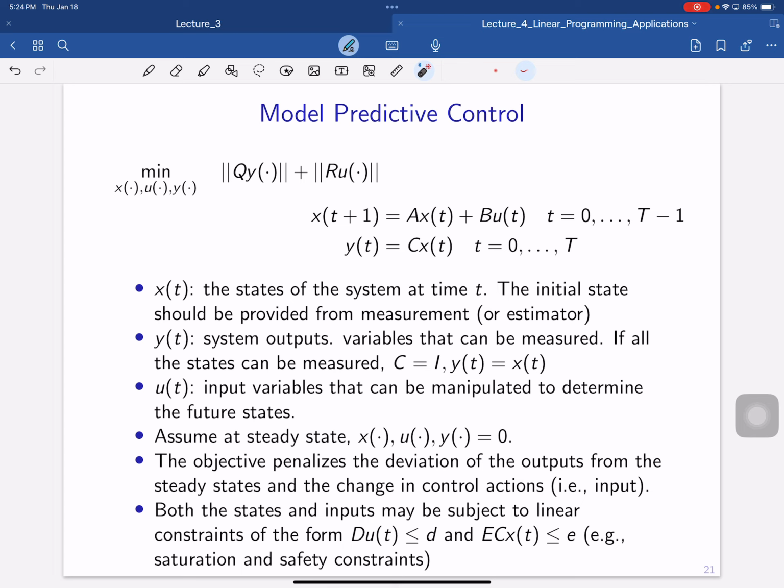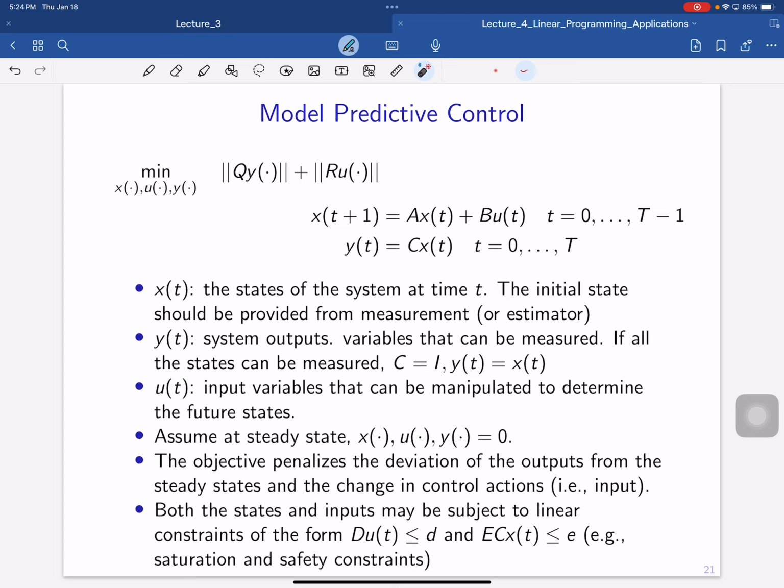One of the things control people like to assume is that at steady state we just assume all those variables equal 0. Why is that a good assumption? Because in chemical engineering, most chemical plants operate at steady state. Of course, those temperatures are not 0 at steady state, but you can always take the temperature minus the steady state to normalize it to be 0.